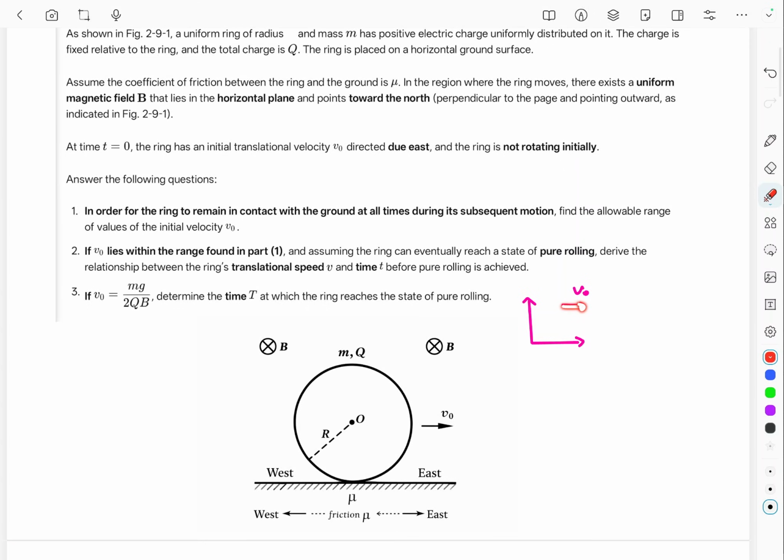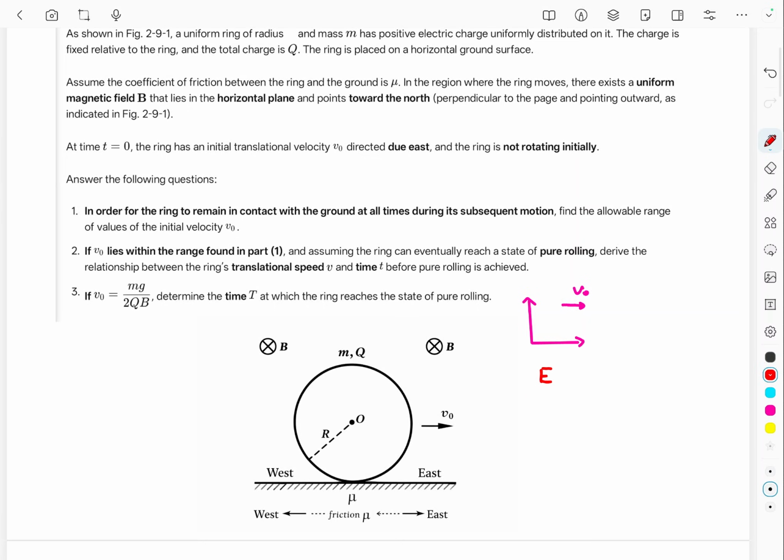In the frame of reference that moves with speed v0, the ring's initial velocity will be 0; it will be at rest. But the fields also transform according to a certain rule, which I'm just going to state because it's not part of your syllabus.